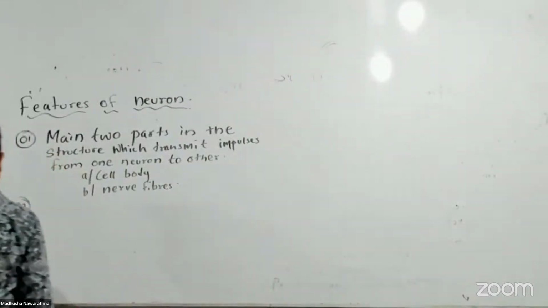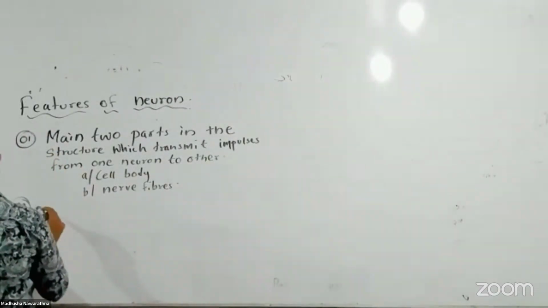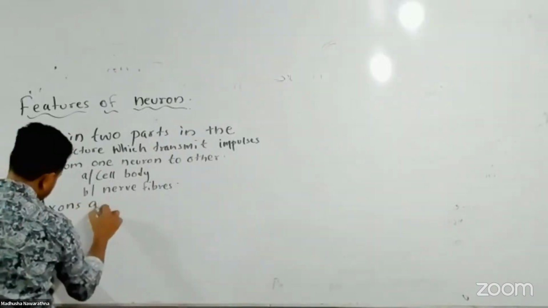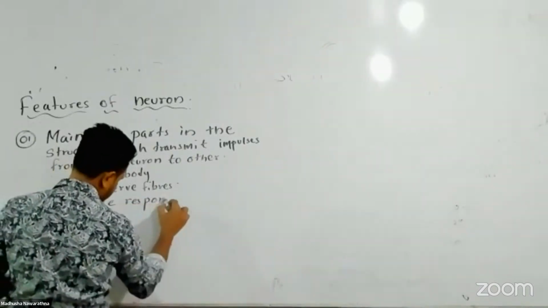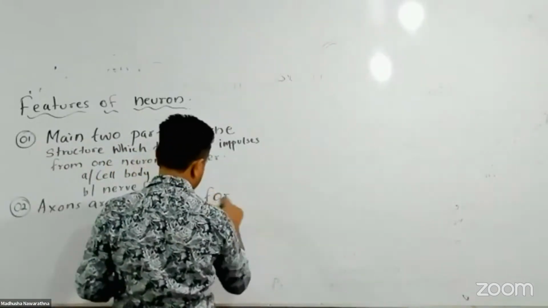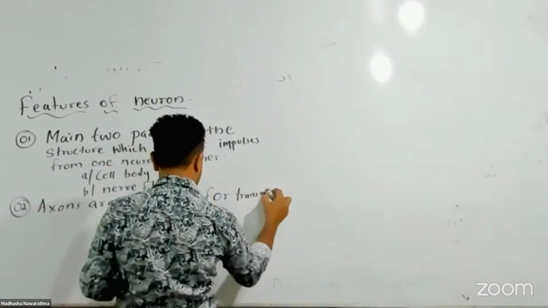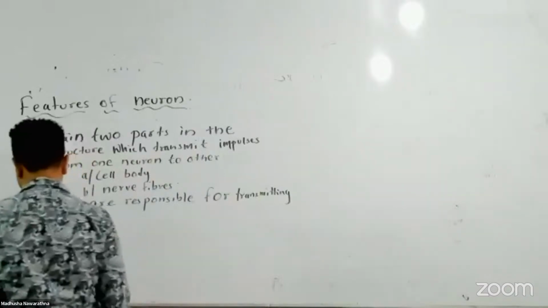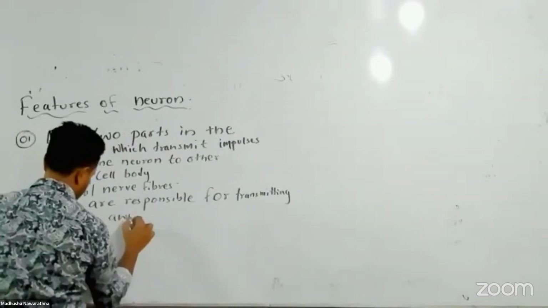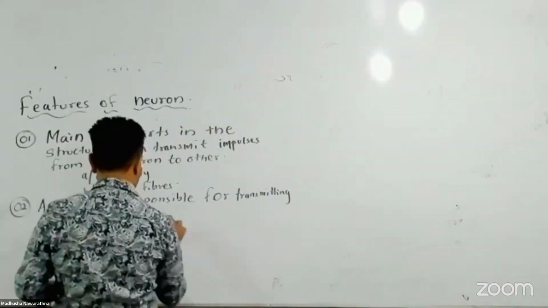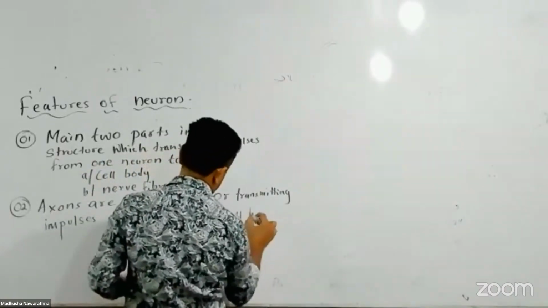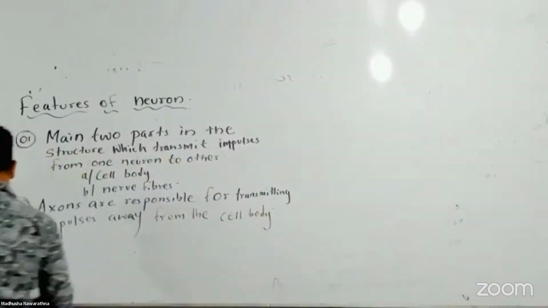Then the second one, axons are responsible for transmitting impulses away from the cell body.